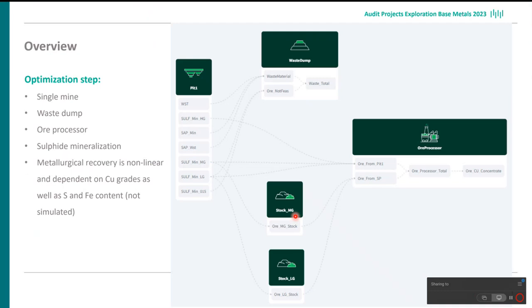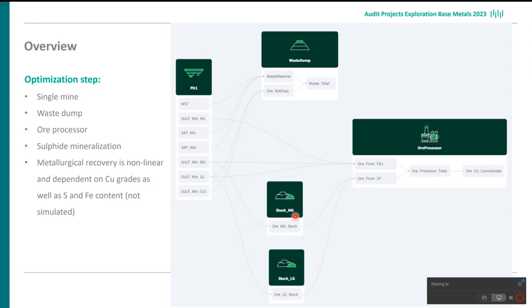And so just to give an overview of what we are considering here, we are dealing with one copper deposit, one mine. We are evaluating the potential of the open pit mine. We have a few destinations: one waste dump and one ore processor, and we designed two stockpiles, a medium and a low grade stockpile.